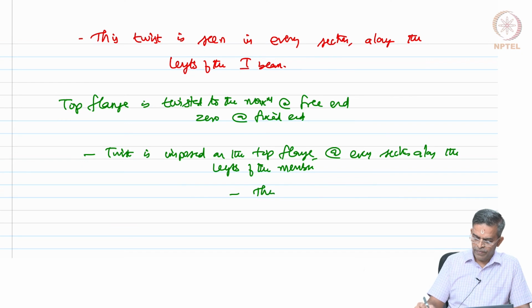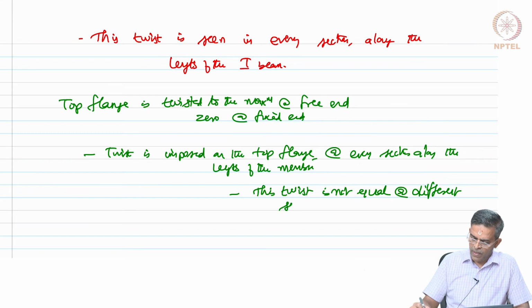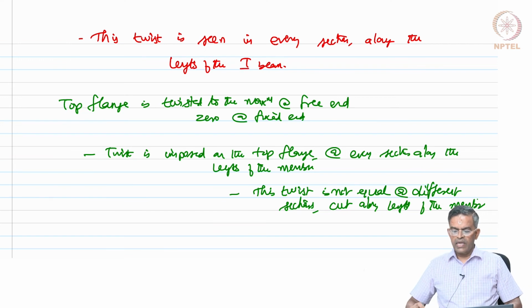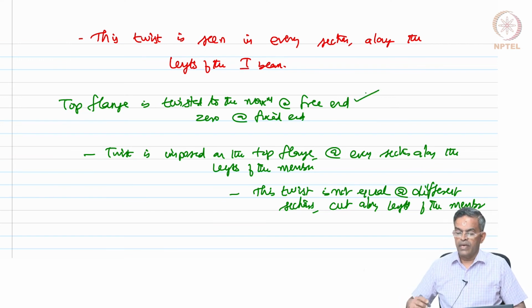Further, this twist is not equal at different sections cut along the length of the member. Because how we can say this? It is maximum at the free end and 0 at the fixed end, so it is not the same.